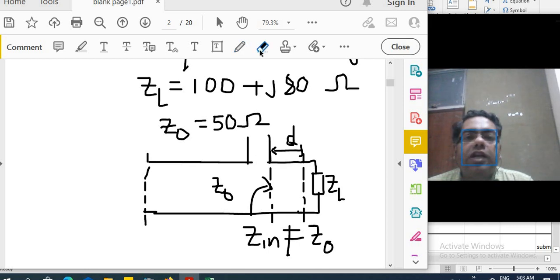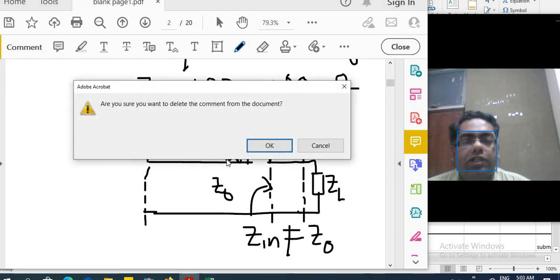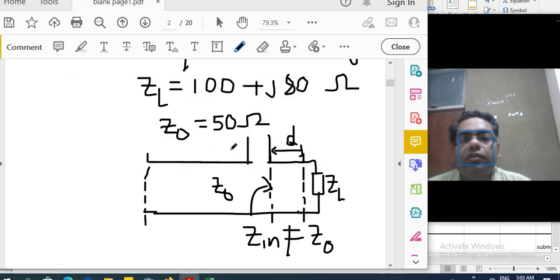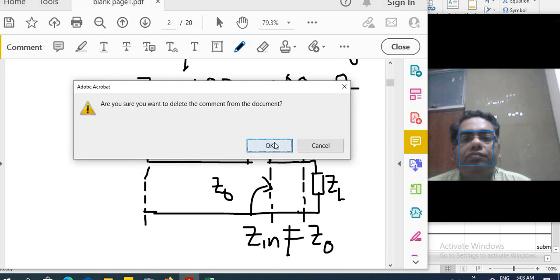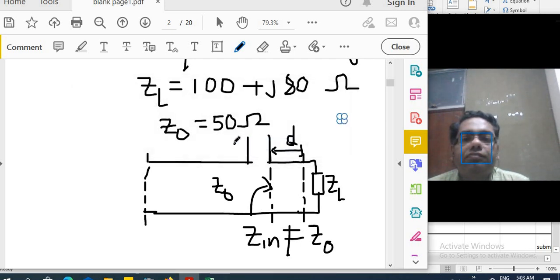I will connect the stub in series, and suppose this small stub has some length ls, and it is open circuited.